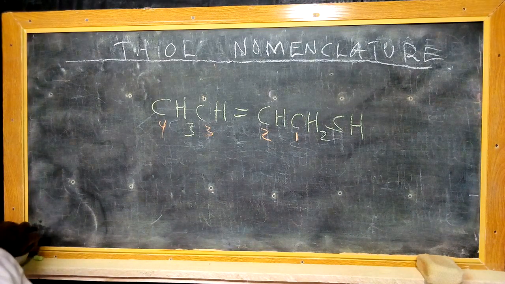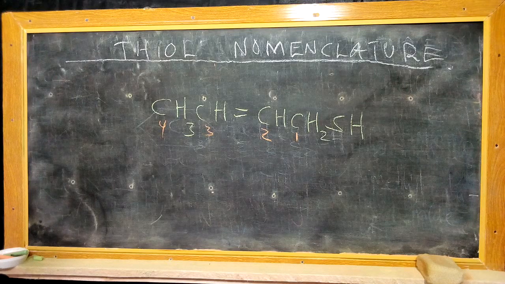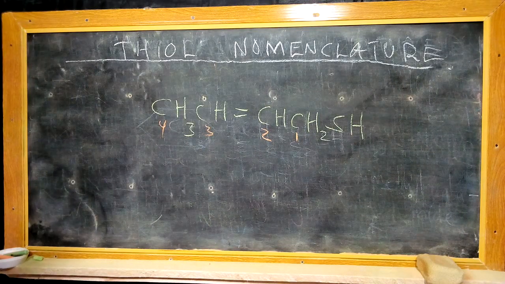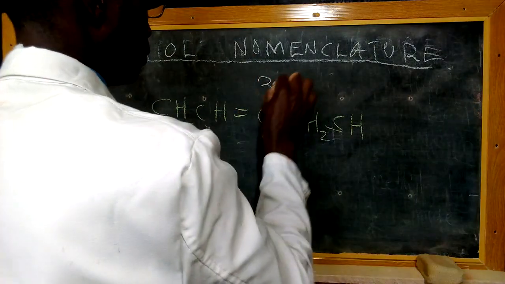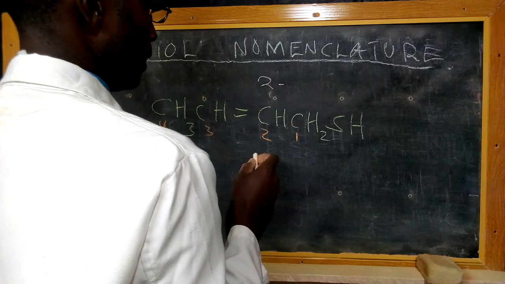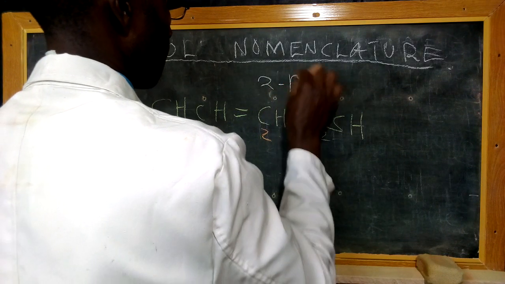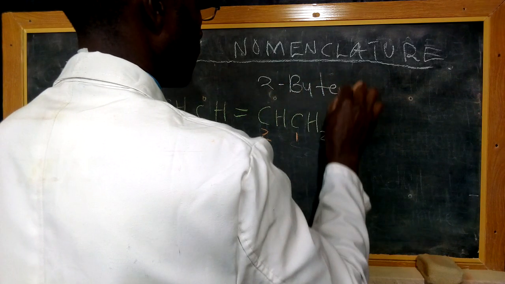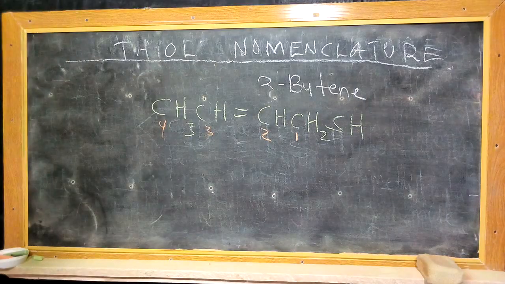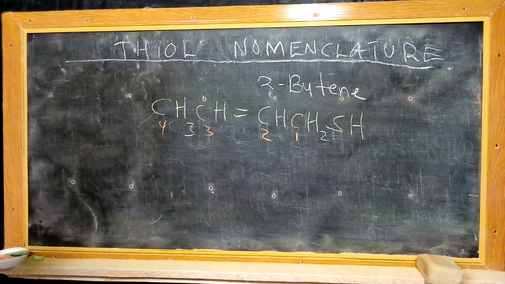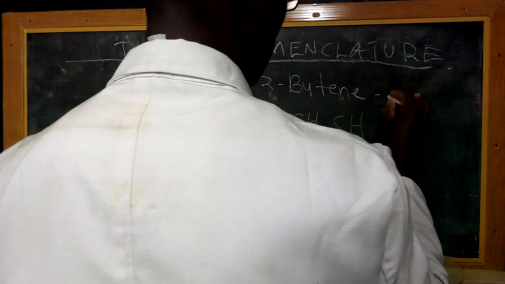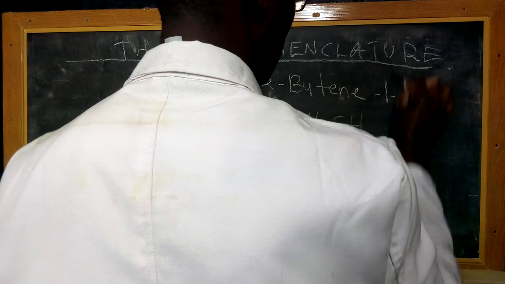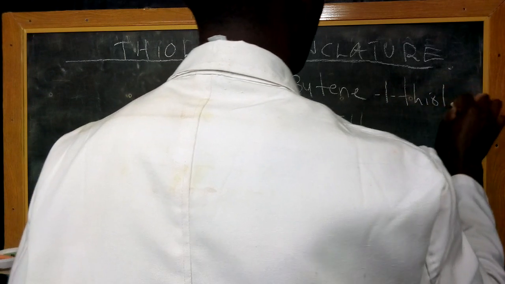So we shall name it as 2-butene, 1-thiol.